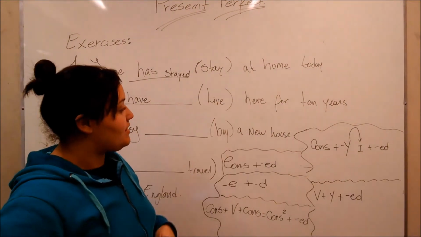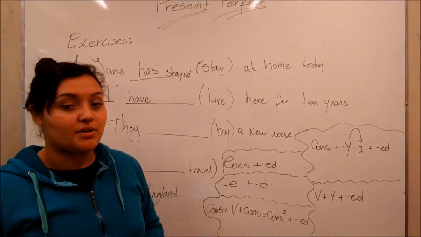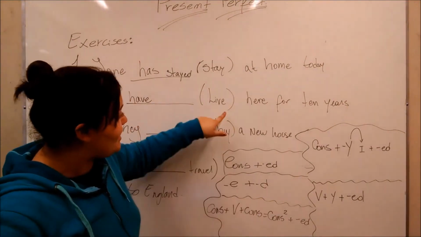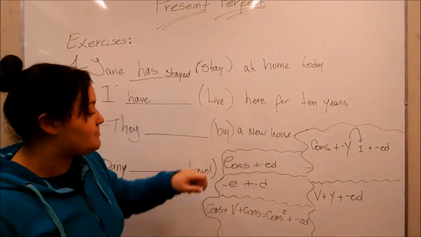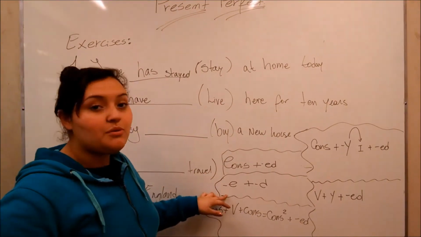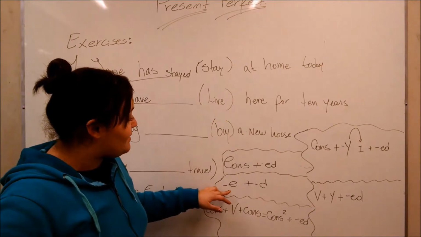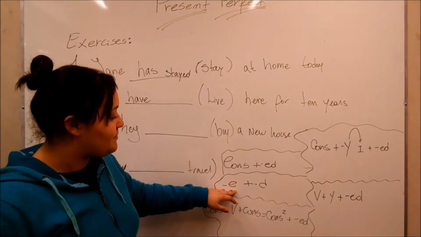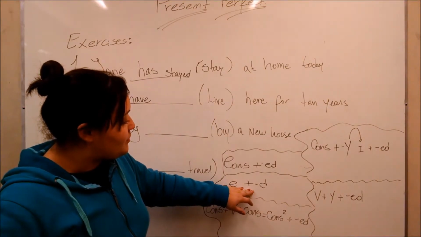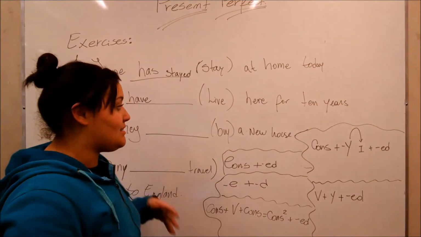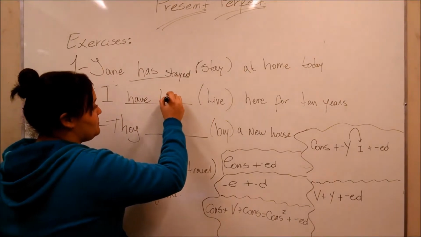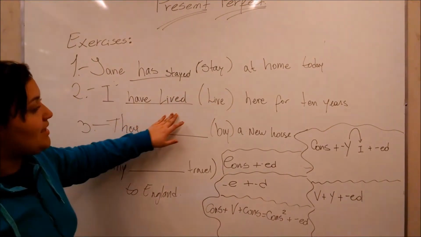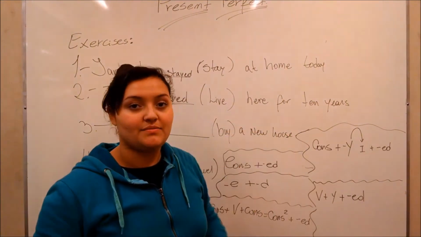In the case of live, it's a regular verb also, and it ends with E. So the rule says that for verbs that end with E, we should add a D at the end of the verb. So it's going to be lived. I have lived here for 10 years.